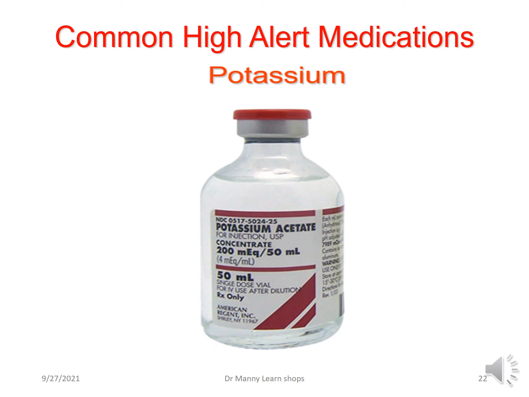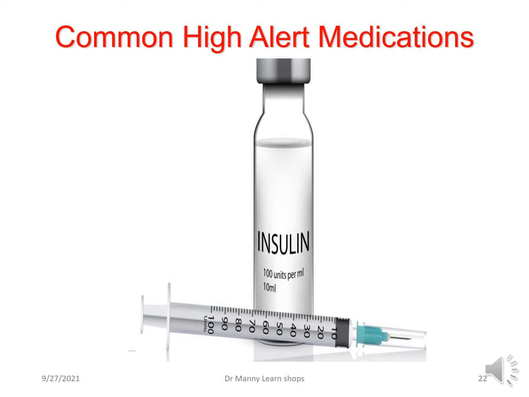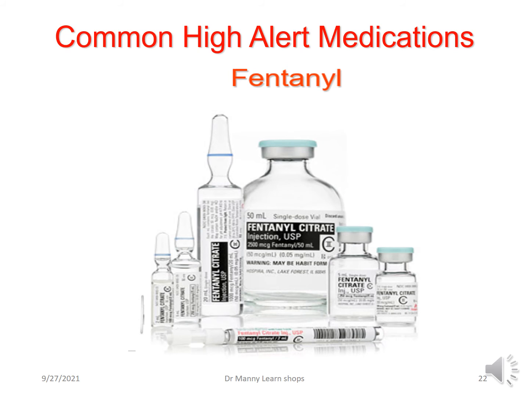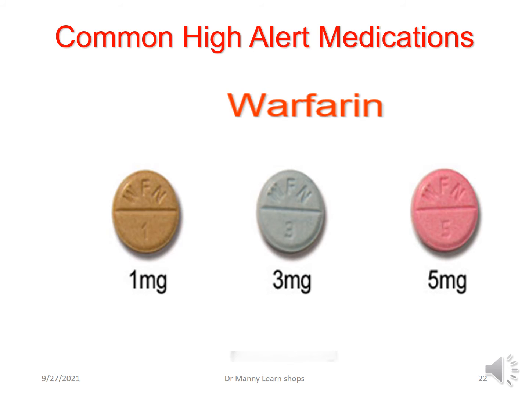Common high alert medications include, and these are just some, potassium chloride, heparin sulfate or sodium heparin, insulin, which are numerous, fentanyl, a narcotic, morphine sulfate, another narcotic, warfarin, an anticoagulant.